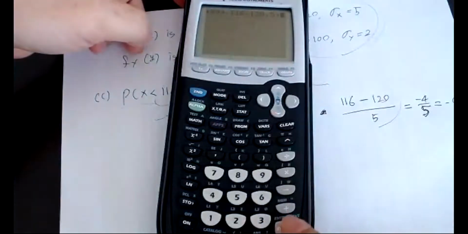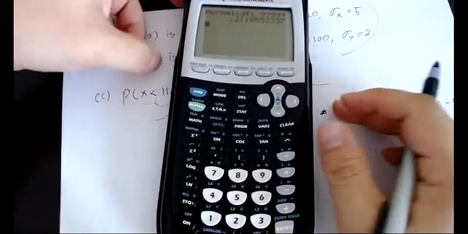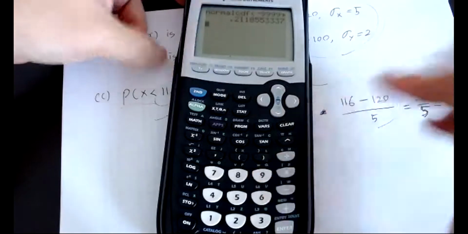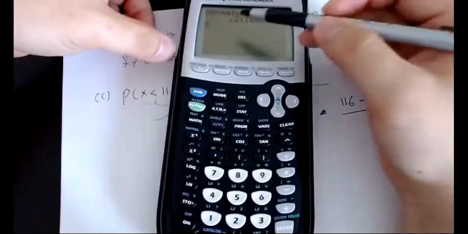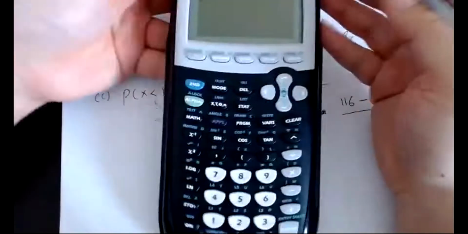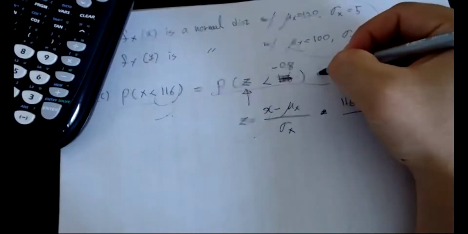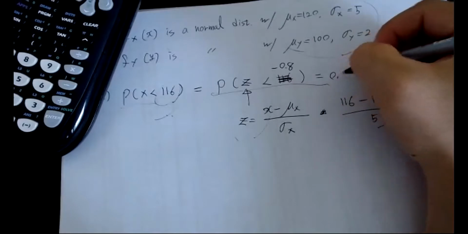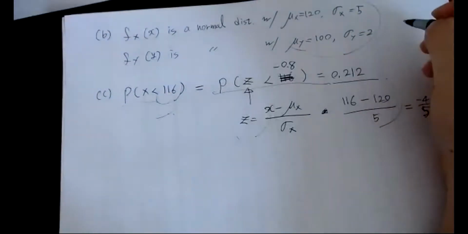Calculate. So we got 0.211. But with rounding to the thousandth digit, we got 0.212, right? So that was C.